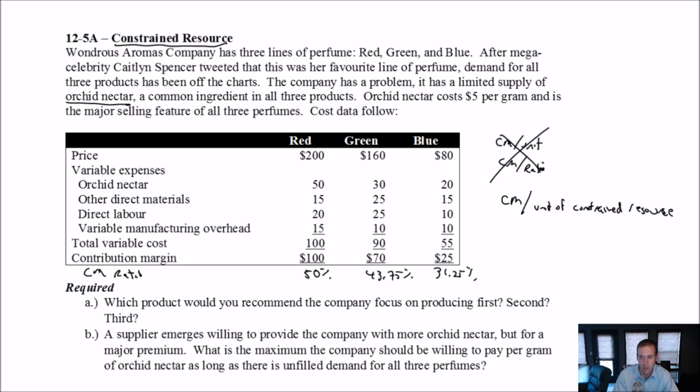I got to erase that and try again. Unit of constrained resource. Okay. So what is our constrained resource? It's orchid nectar. What is the unit? Well, it's the gram. So we want to know the CM per gram of orchid nectar.